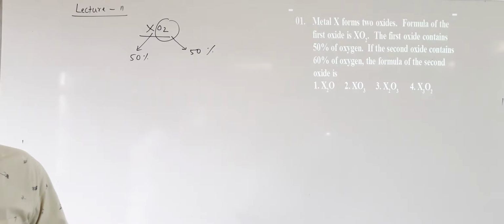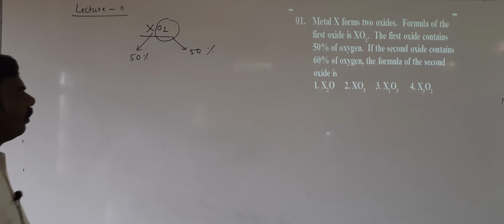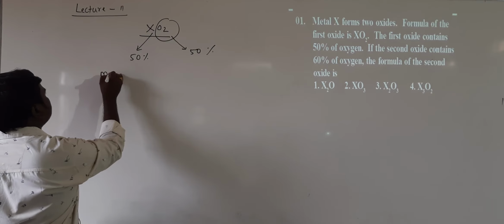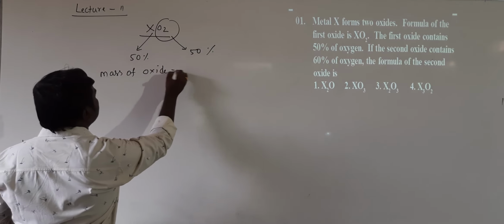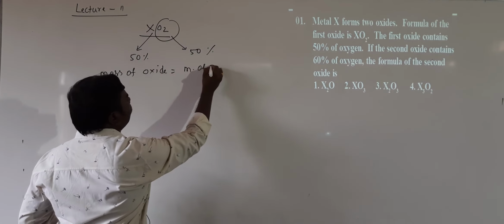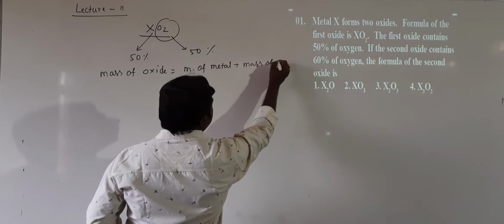Next, we need to calculate the molar mass of metal X. Mass of oxide is equal to mass of metal plus mass of oxygen.